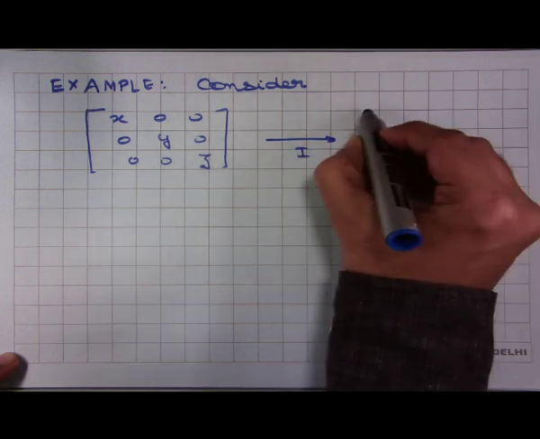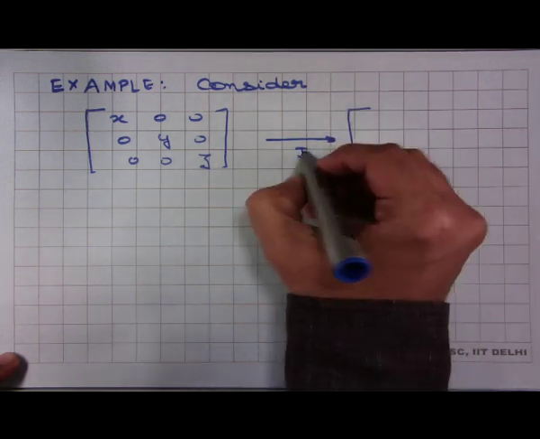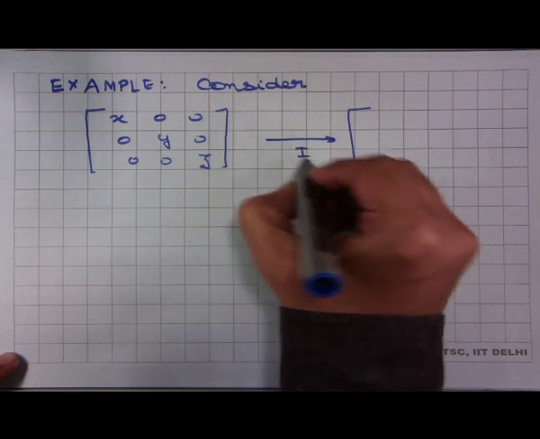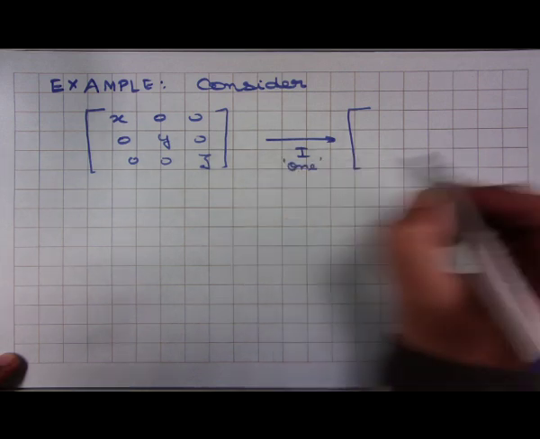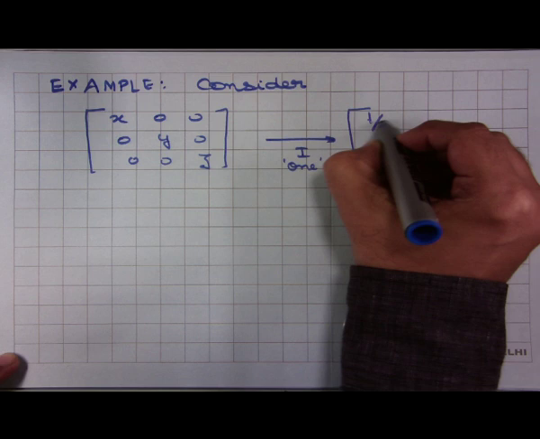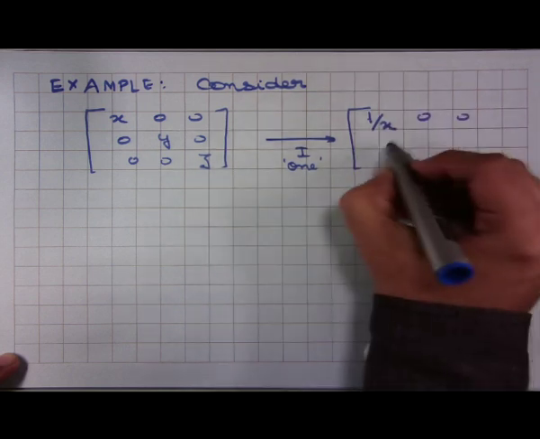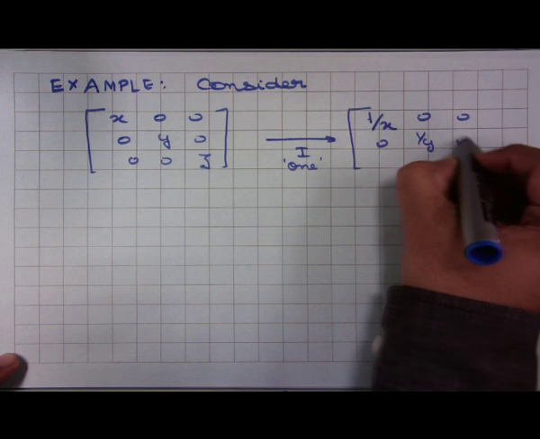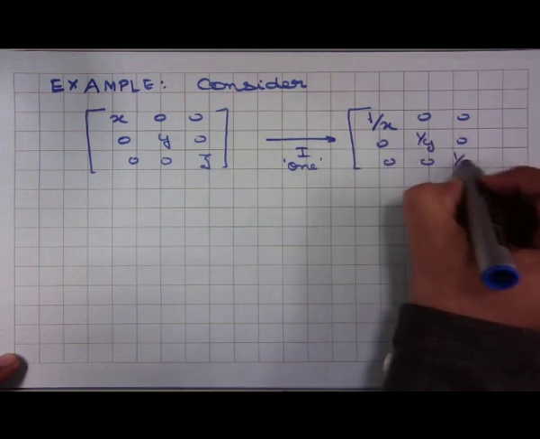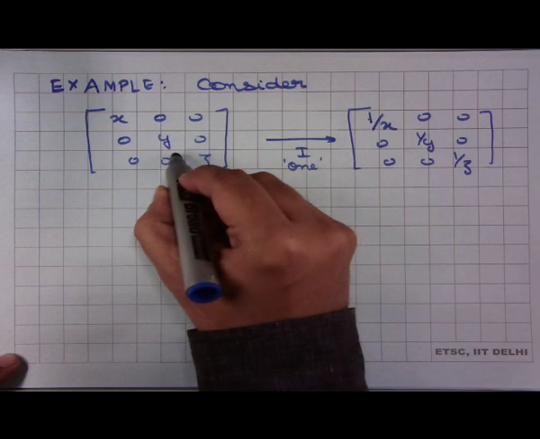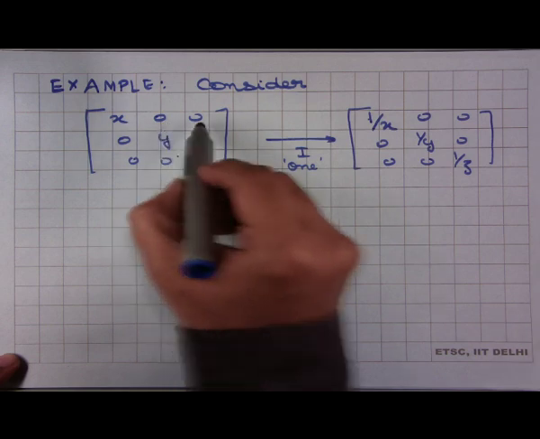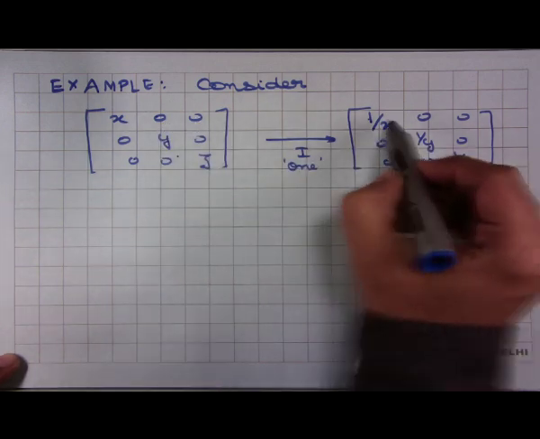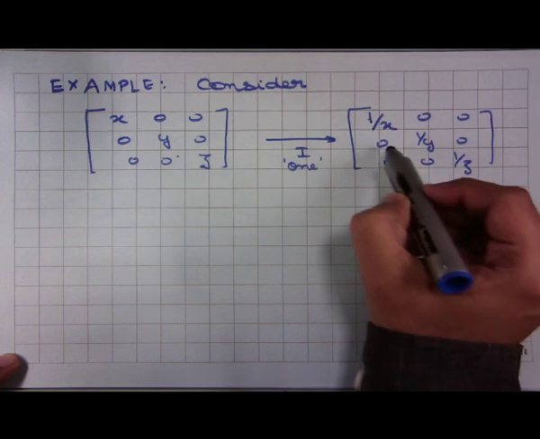So, what I am saying is that one way to do it would be to multiply by, so this Roman numeral 1 is not identity, so maybe I can just say that this is 1. If I multiply by the diagonal matrix 1 by x, 1 by y, 1 by z, we can verify that the product is going to be identity, because x 0 0 multiplied by this first column, x times 1 by x is 1, 0, 0.